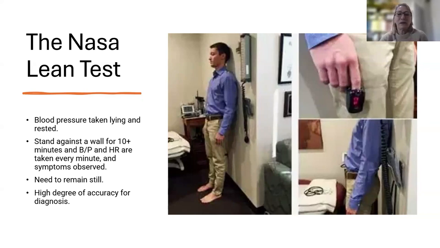And again, same thing, you lie nice and quietly for up to 20 minutes, have your blood pressure and pulse taken 2 or 3 times to establish a baseline. Then you stand up, leaning against a wall for 10 to 15 minutes, and blood pressure and pulse are taken every minute for 10 minutes and recorded.